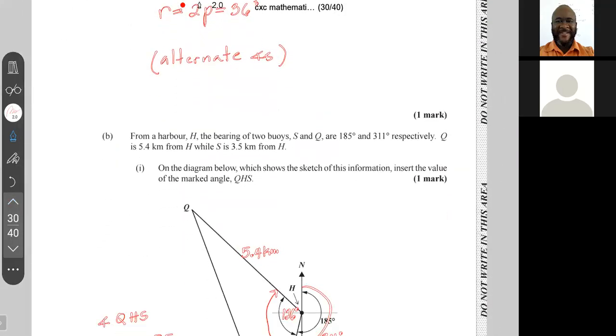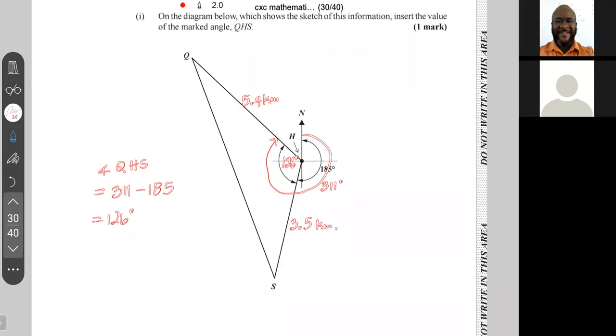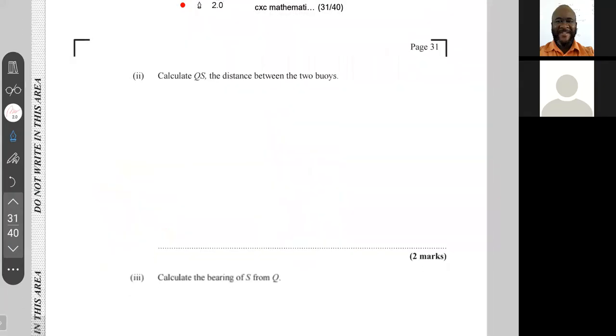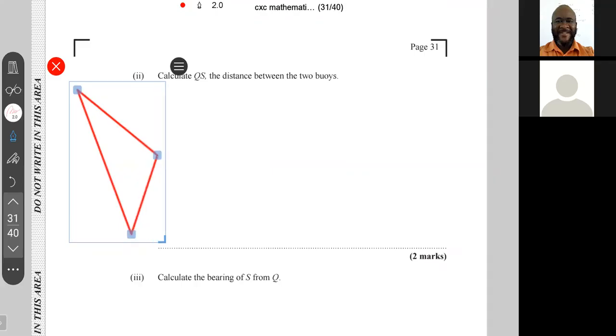Now to calculate this, we're going to have to use the cosine rule. Guys, the scenario we have is that we have two sides of a non-right angle triangle and the angle between them. So let's recreate this on the other side. We have something that looks like this, where this is Q, H, and this is S. This is 3.5.